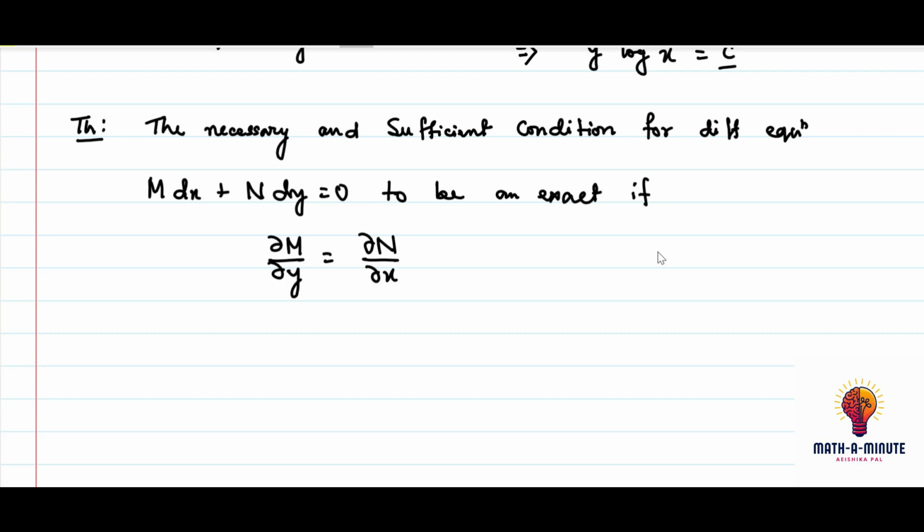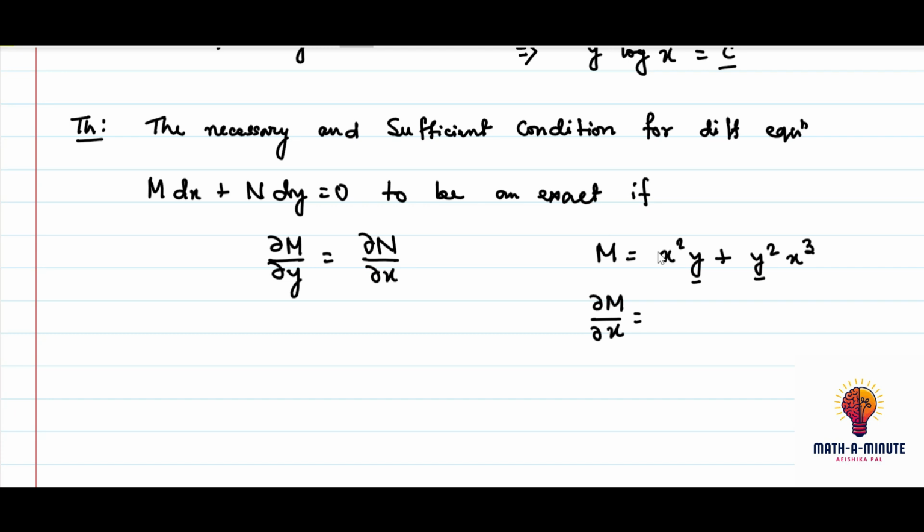So let me explain how to calculate a partial derivative. I already told you that M and N are both functions of x and y. For an example, suppose there is a function x square y plus y square into x cube. Suppose you want to differentiate this partially with respect to x, then y behaves like a constant.